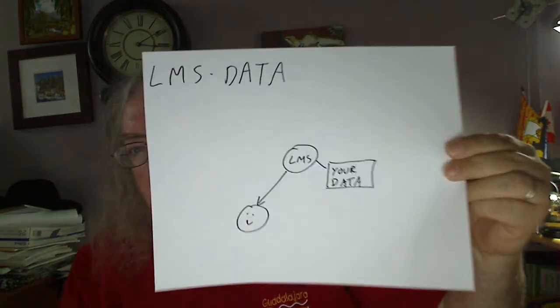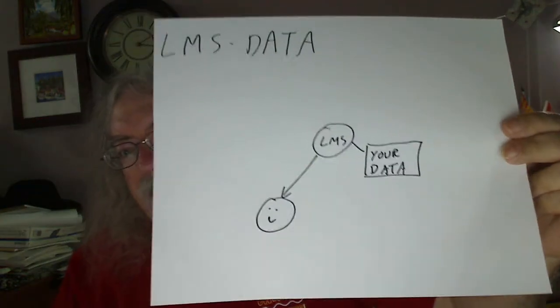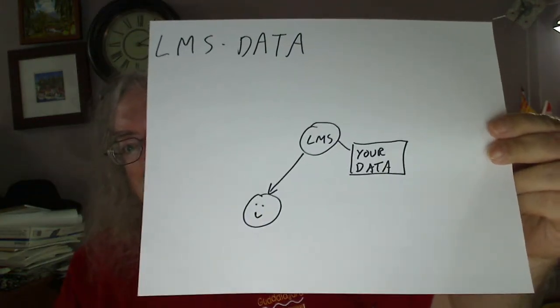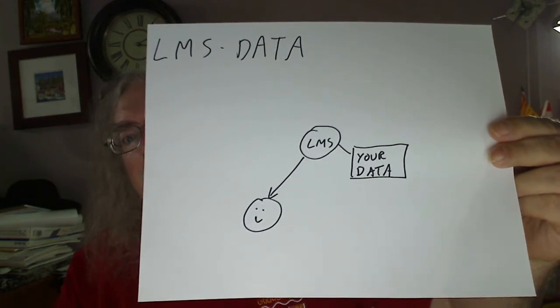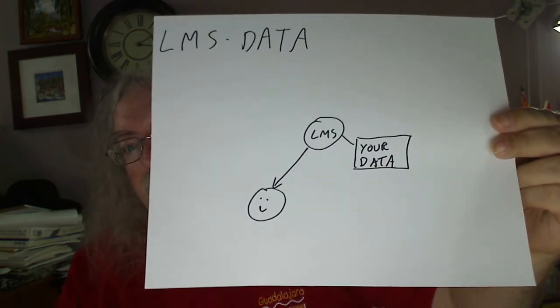Well, there's another reason why this is significant, not simply because it lets the outsiders in. The other thing is it gives you access over your own data. Look at how a learning management system typically handles this sort of thing. Here you are, represented by a smiley face, logging onto your learning management system once again. Your data rests with the learning management system. That's really important.